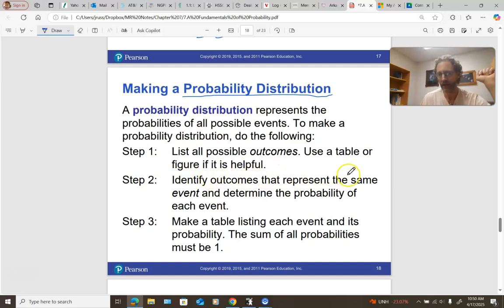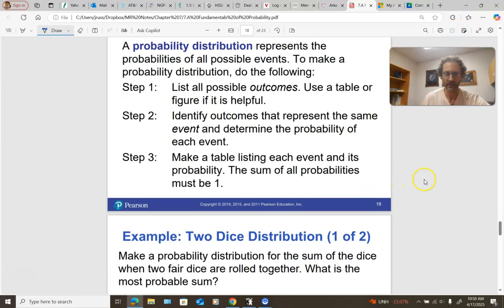You can identify outcomes that represent the same event and then determine the probability of each event. Basically it allows you to see how the probabilities are distributed, and that's why they call it a probability distribution table. And I'll show you an example.